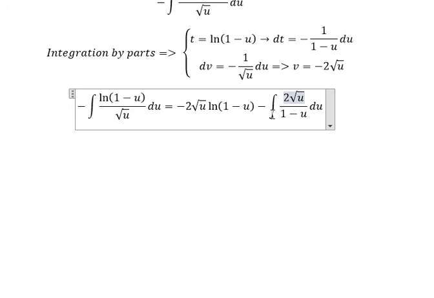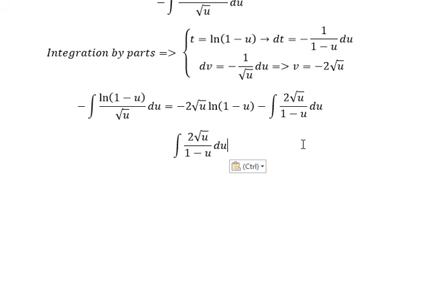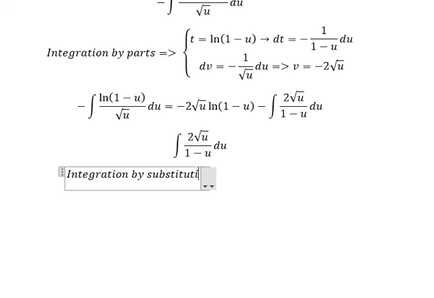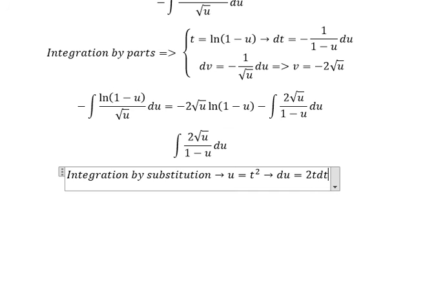And now we need to consider this one. In this situation, I will use integration by substitution. So I will choose u equal to t squared, du equal to 2t dt.